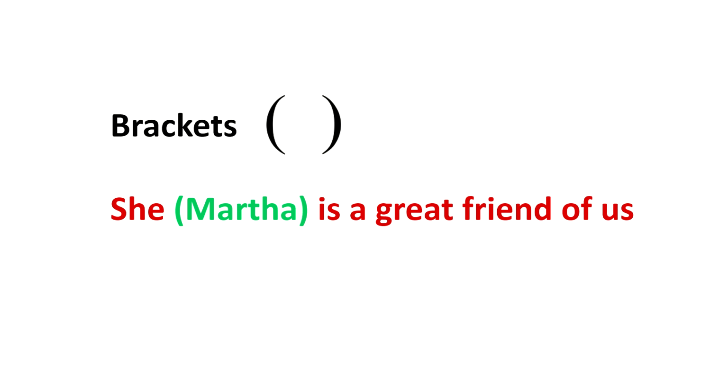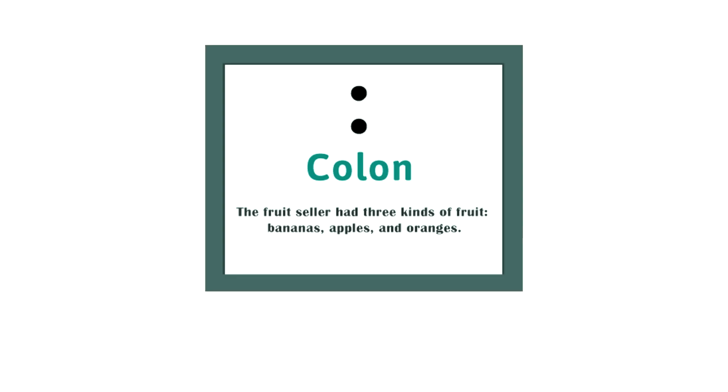Next, we can see about colon. What is colon? The colon is a punctuation mark consisting of two equal sized dots. Listen students, we can see two equal sized dots, isn't it? Placed one above the other on the same vertical line.